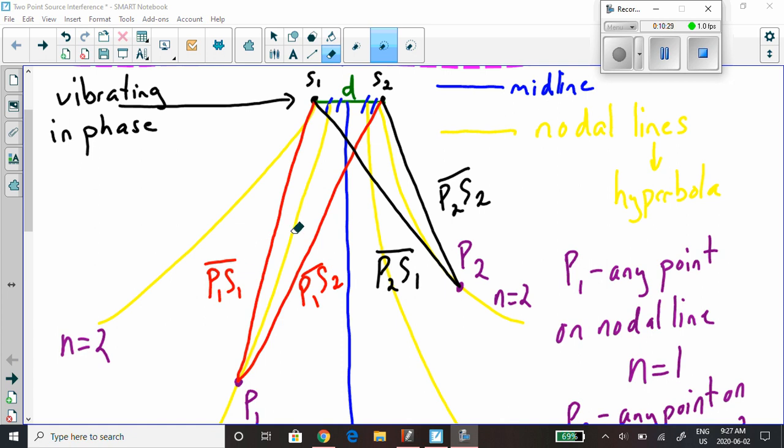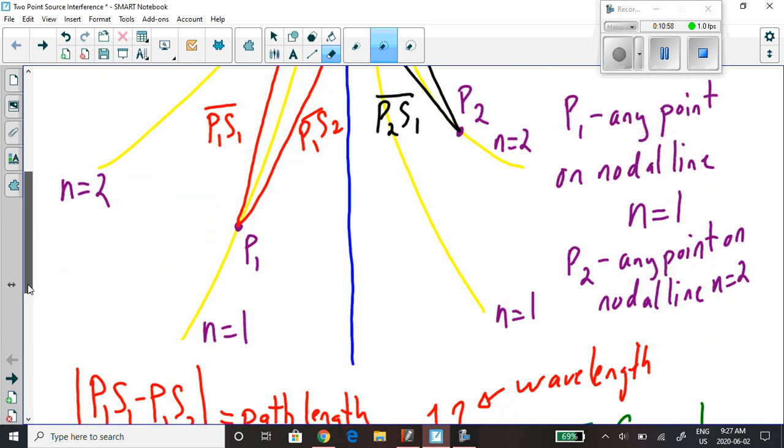Well, if the difference in length between P1 S2 and P1 S1 is half a wavelength, it will ensure that a crest always meets a trough, since the lengths are a multiple of half a wavelength off. It's like shifting the wave by half a wavelength, and you will always ensure crest meeting trough.